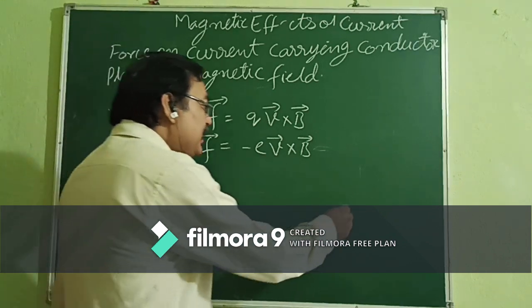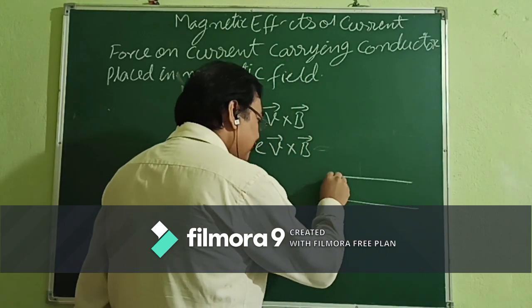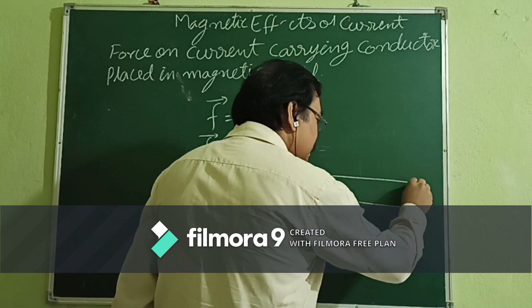Now suppose we take a conductor. This is the conductor I have taken. You can see this is the area of cross section of the conductor.